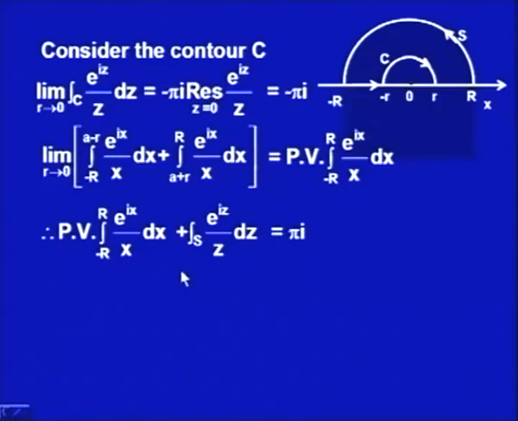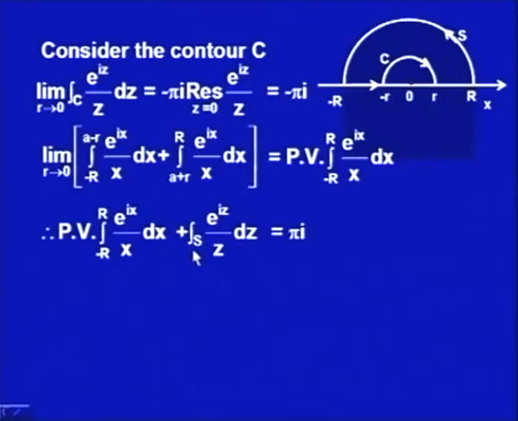Now, we want the integral from minus infinity to plus infinity. That improper integral, or the principal value, we would define if we take the limit as capital R approaches plus infinity. In that case, I first have to find out what the second integral approaches, because the first integral will approach the principal value of the integral from minus infinity to plus infinity of e^{ix}/x dx.